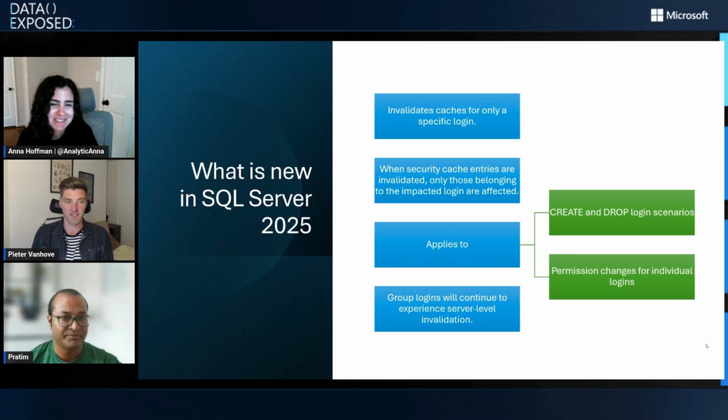So your login cache will still exist in the cache, which was not the case previously in the older versions of SQL Server. The whole security cache got invalidated, and that could cause performance issues. So we addressed that by invalidating only the cache of the login that has changed at that time, create or drop. Yeah. Seems reasonable to me and seems great for SQL Server 2025.